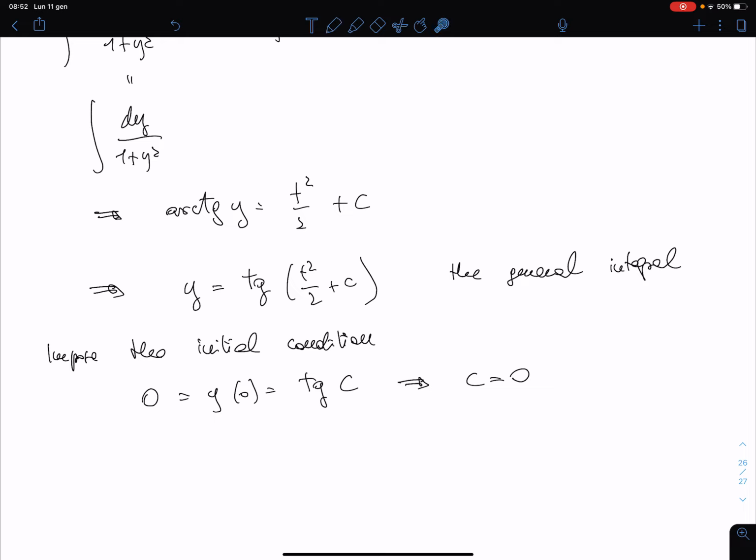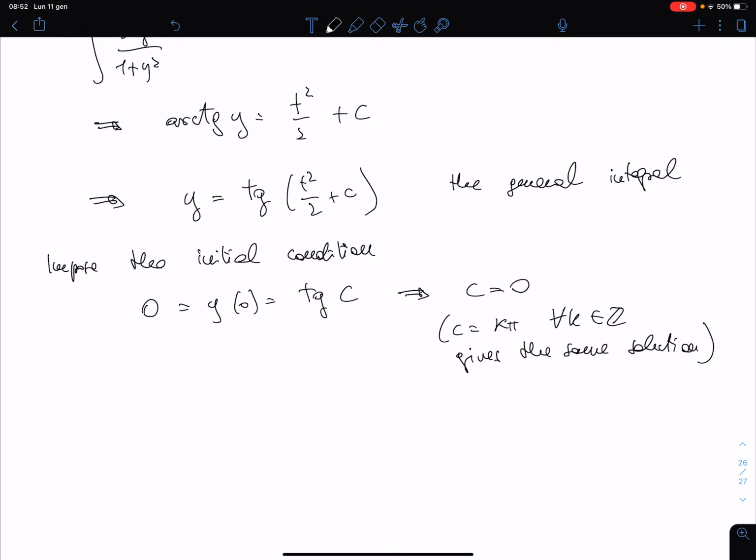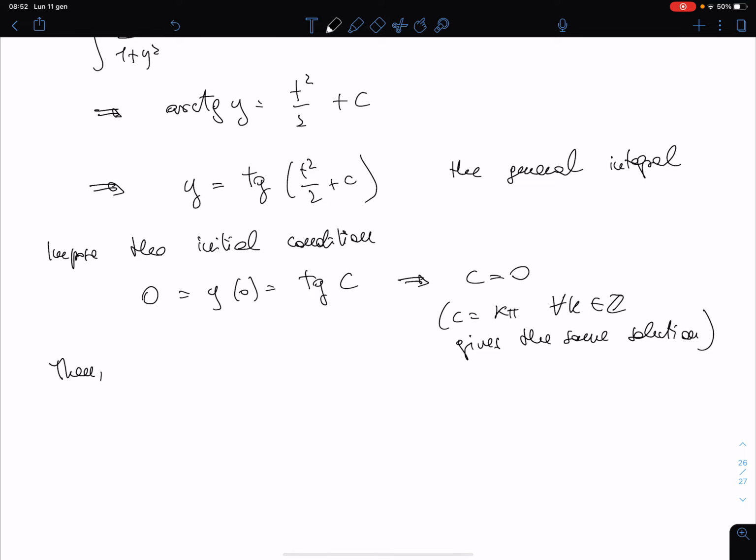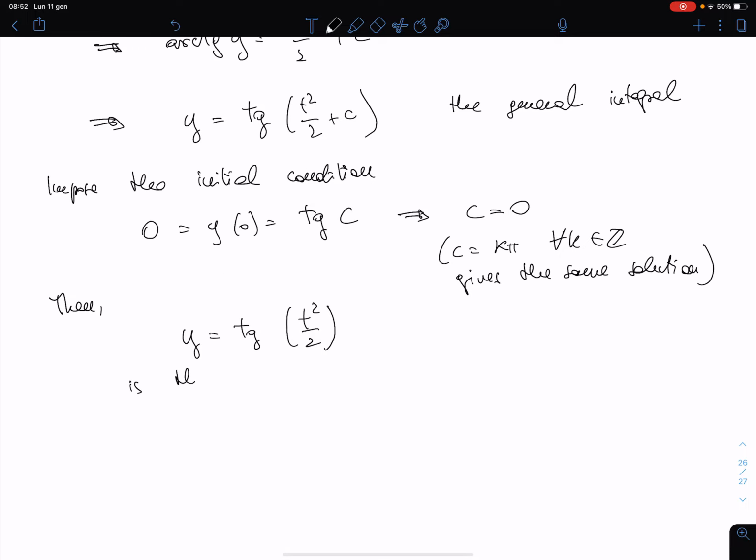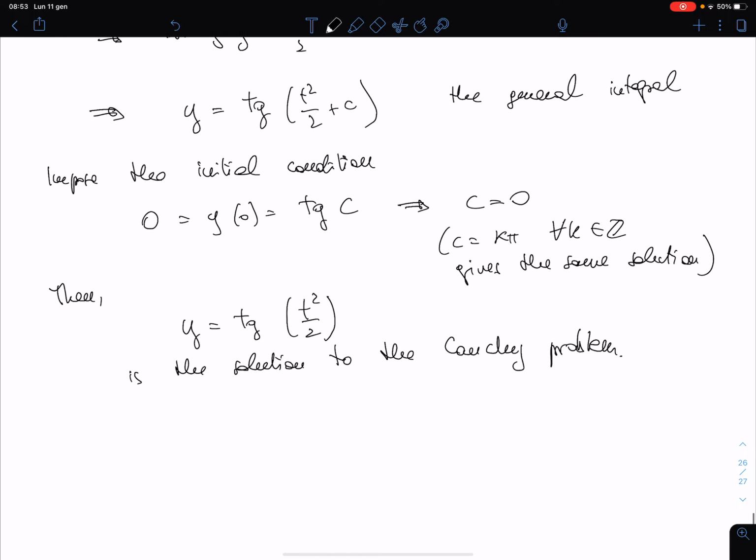Of course, we can also use c equal to k pi for every k in Z, but it gives exactly the same solution, because the tangent has periodicity equal to pi. Then the function y equal to the tangent of t squared over 2 is the solution to the Cauchy problem. So here we learn how to solve a Cauchy problem. First we have to pass through the general integral, at least in this example, and then finish.